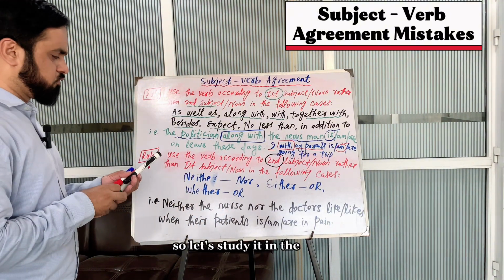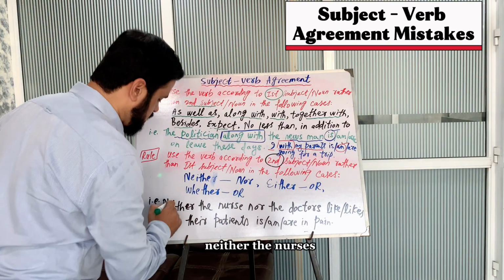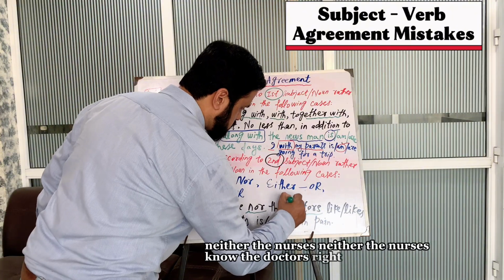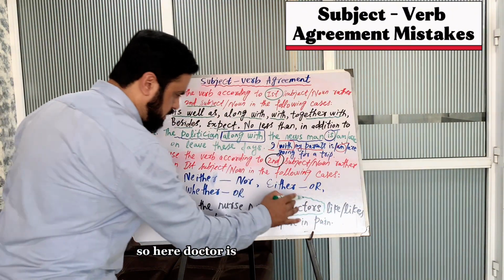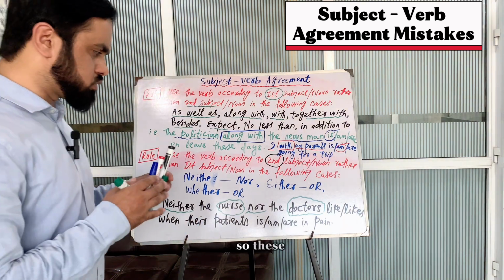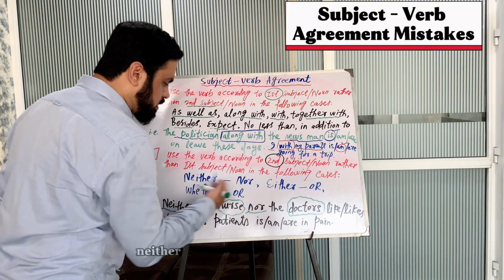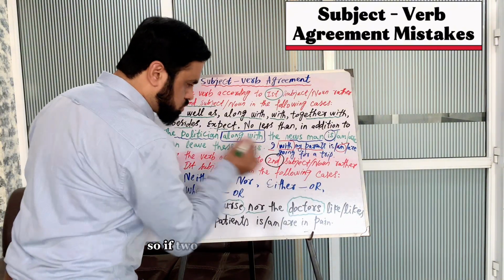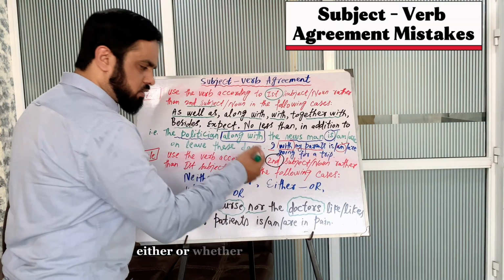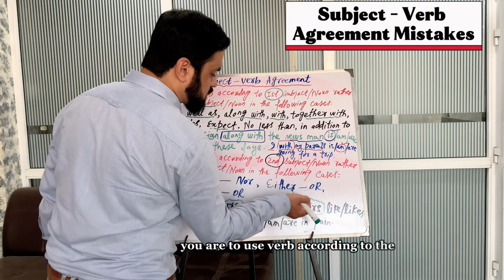So let's study it in the form of a sentence. Neither the nurse nor the doctors, right? So here doctors is a subject, nurse is another subject. These two are subjects, and they are being joined by neither nor, right? If two subjects are joined by neither nor, either or, whether or, you are to use the verb according to the second subject.